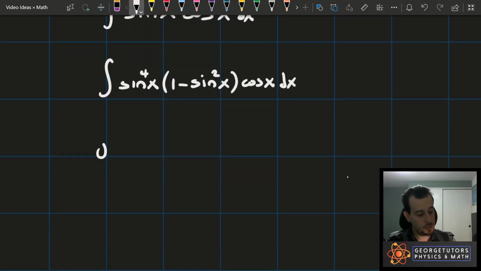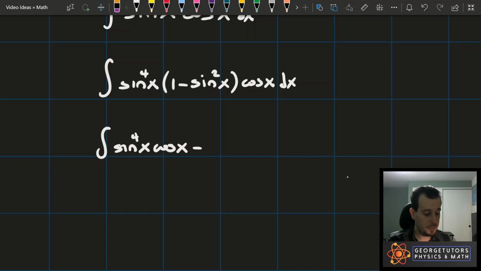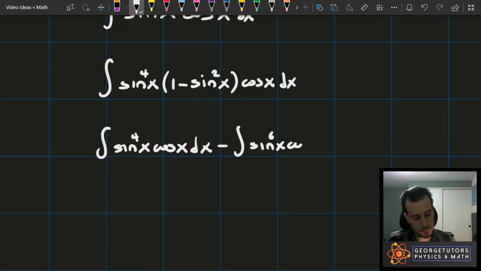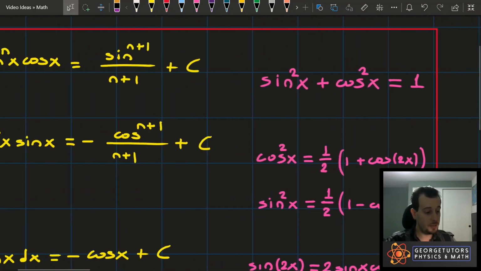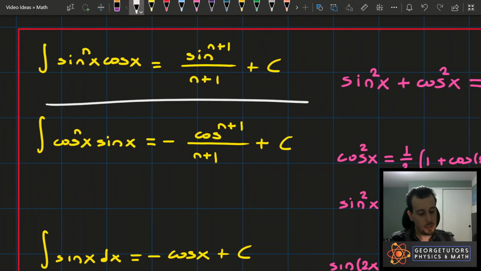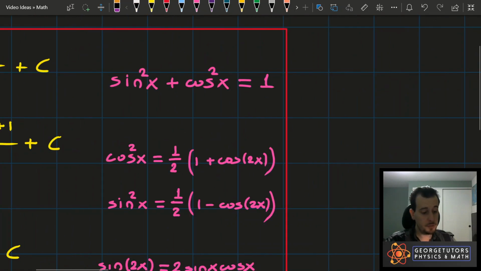Now I'm going to go ahead and distribute, getting myself here sine to the 4th x, cosine x, and then, let's not forget the dx, I'm going to have negative sine to the 6th x, cosine x dx. So if I integrate this, this is falling now under the category of the sine function up there. So you can see how I will integrate it.